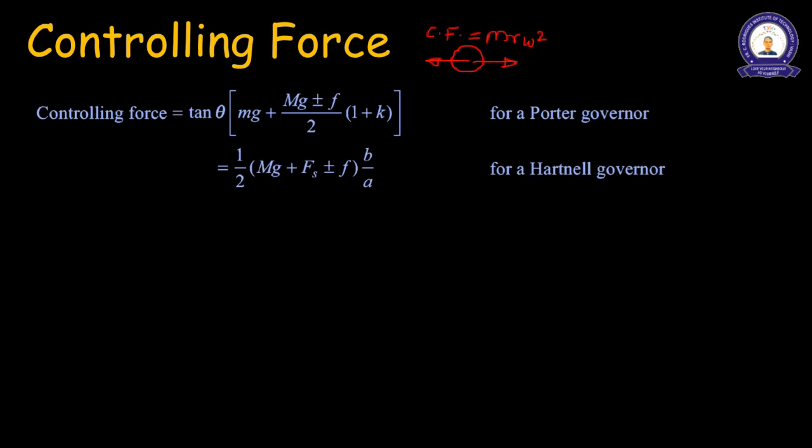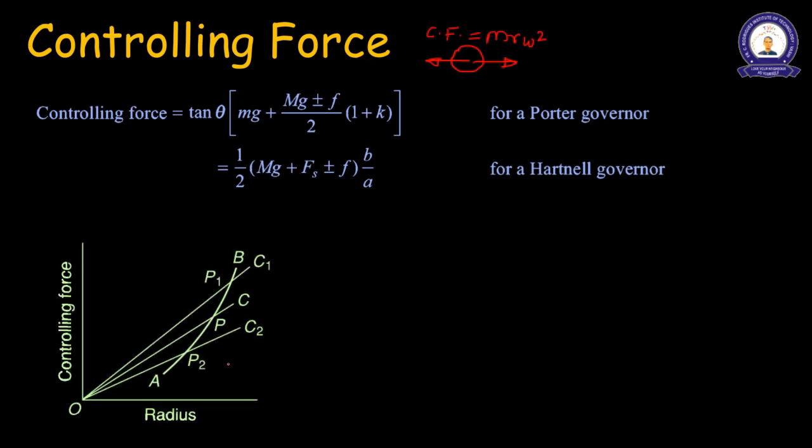So from this I can plot the controlling force for the various radii of operation of a governor. If I plot that curve, it would be this curve on this plot. AB is a plot of controlling force with respect to various radii.